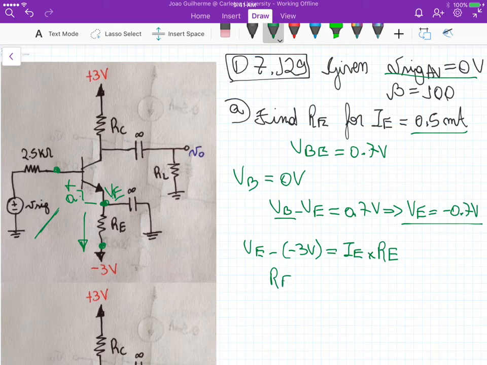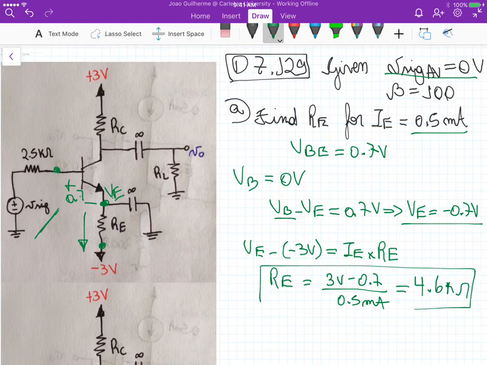If we isolate RE, we get VE, which is minus 0.7, so 3 volts minus 0.7, divided by the emitter current, which is 0.5 milliamps, and this gives us an emitter resistance of 4.6 kilo ohms. So that's part A.